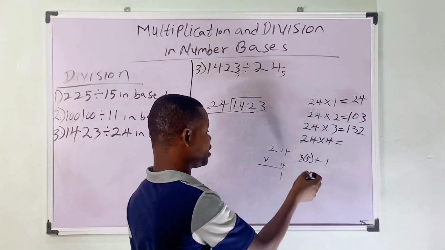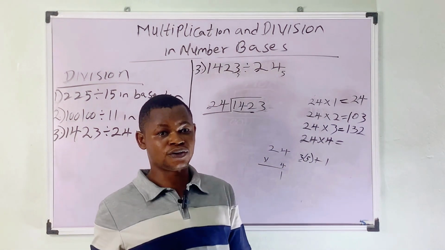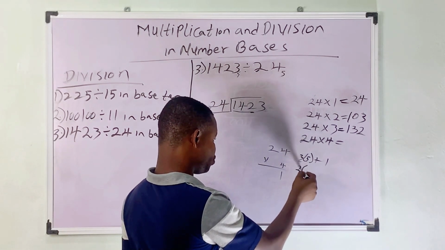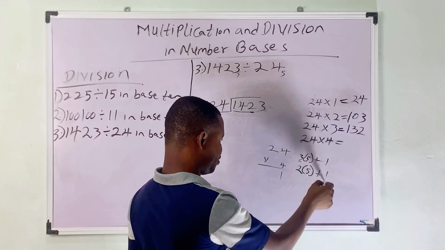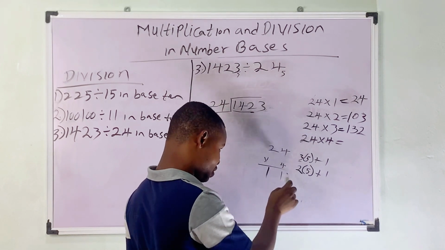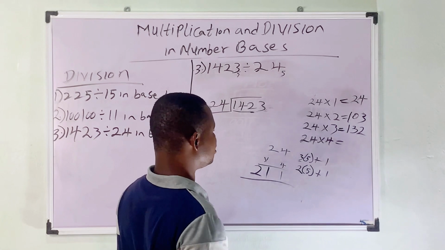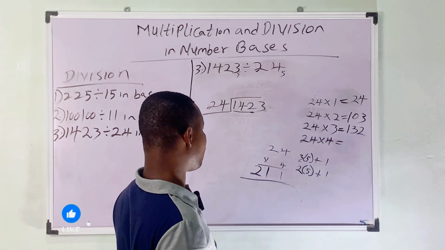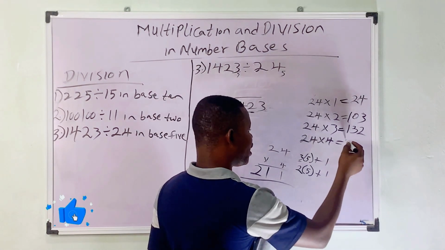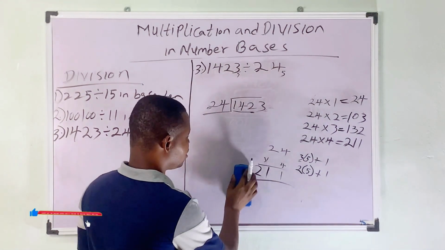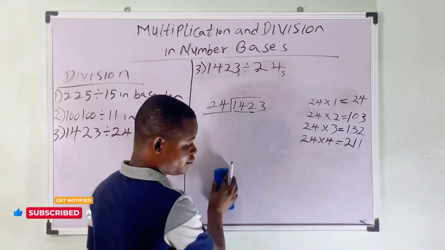Plus 3 that we have outside, that is 11. How many 5 are we going to see in 11? That is 2. We have 2 sets of 5, remainder 1. We write the 1. Since that's the last operation, we bring forward the 2. It means 24 times 4 in base 5 will give us 211. Now let's go back to our division.